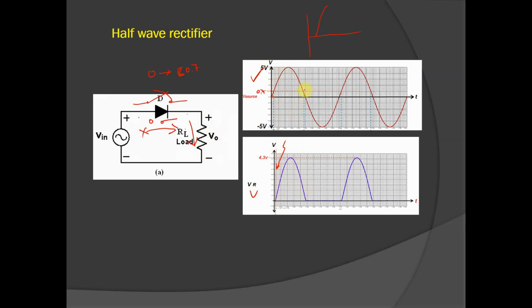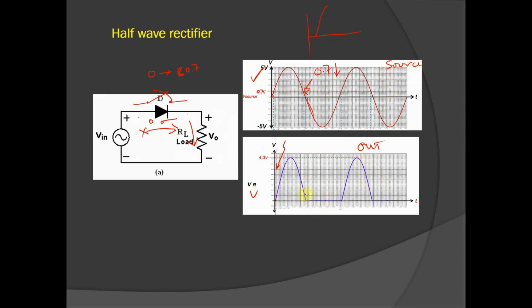And then at this point here, where the voltage is going down from 0.7, what will happen? The diode will again open, so there will be no output. So in the whole negative cycle, it will not be reflected in the output. This is the output, this is the source.